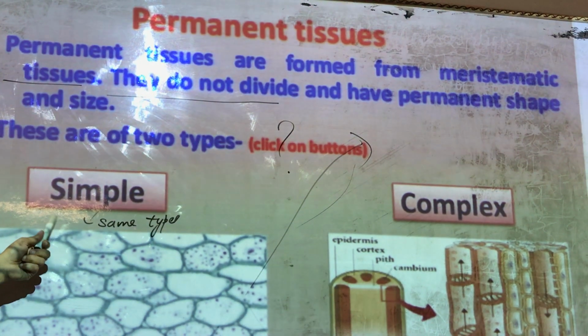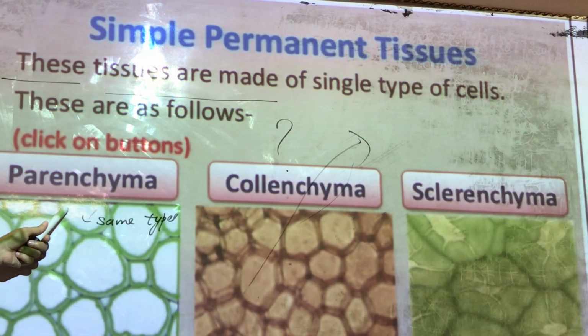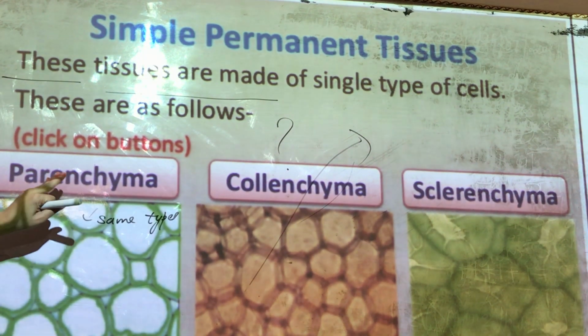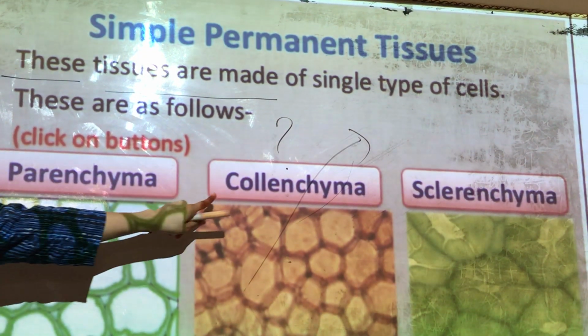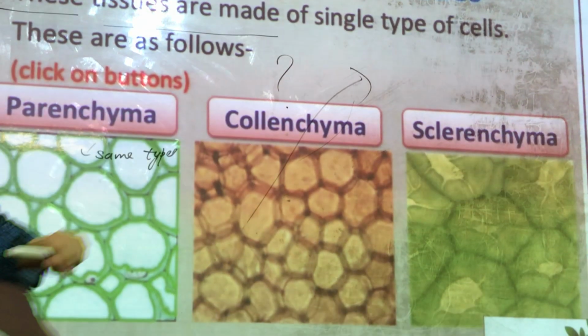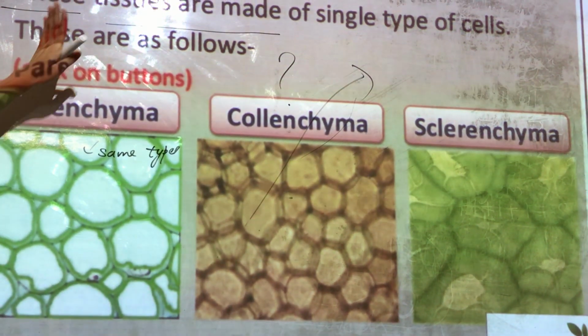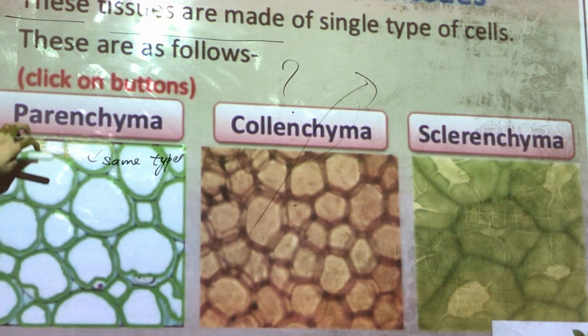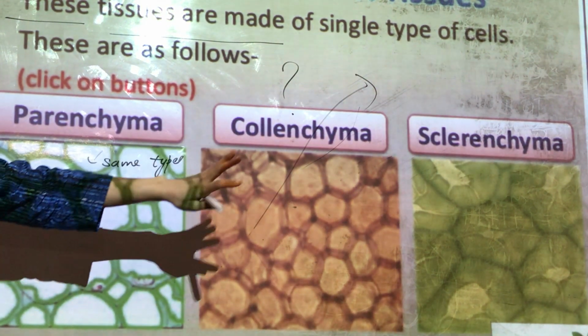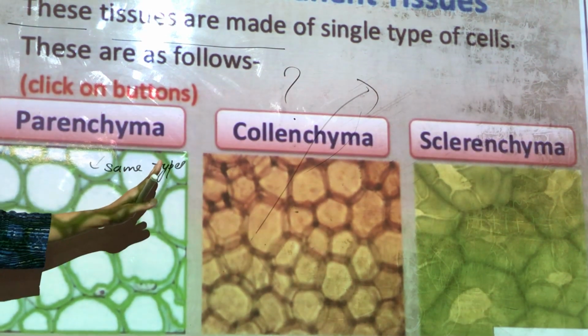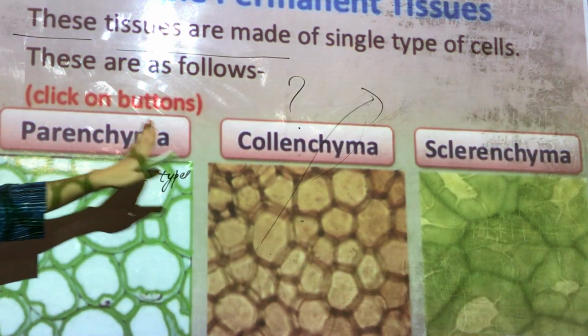These simple permanent tissues are further divided into three parts. They can be parenchyma, collenchyma, or sclerenchyma. These simple permanent tissues are basically made up of single types of cells. All the cells are of single type, and they are of three types.